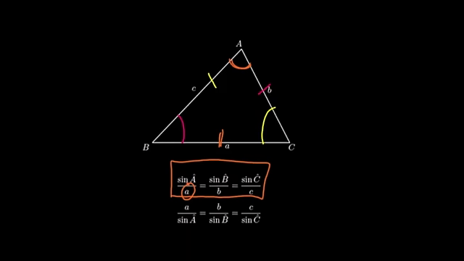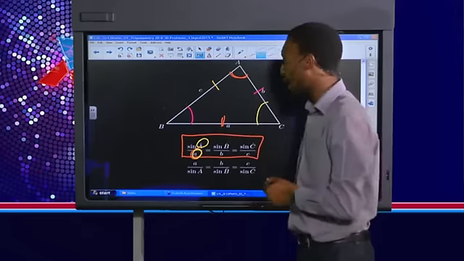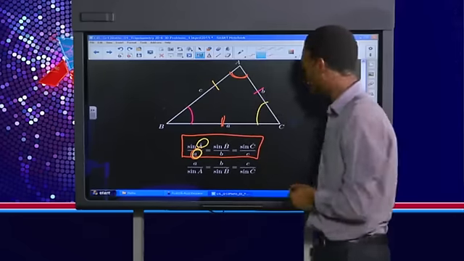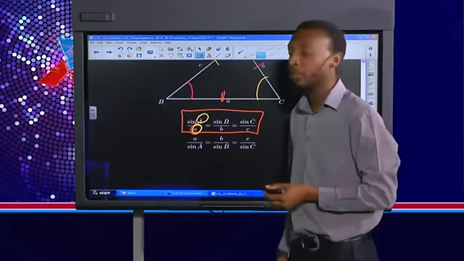Okay, please take note that if we're talking about sine of angle A, we must be dividing by the side opposite the angle A, all right? Conversely, we can look at the reciprocal of that and tip all that around. Let's go down a bit. We can reciprocate all that if you want to.